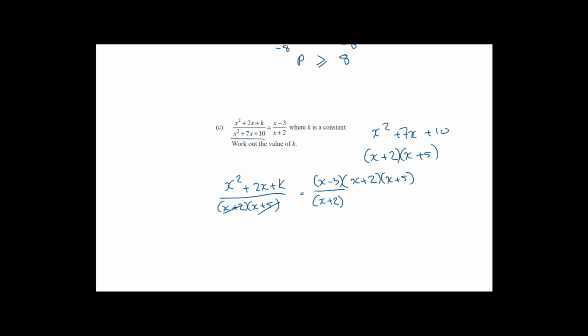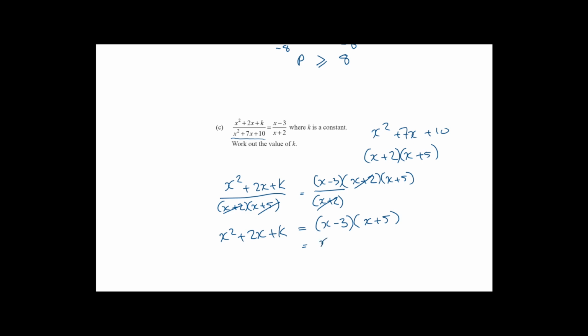So they go to 1. And they cancel. So therefore x squared plus 2x plus k equals x minus 3, x plus 5. Now let's expand out the brackets.